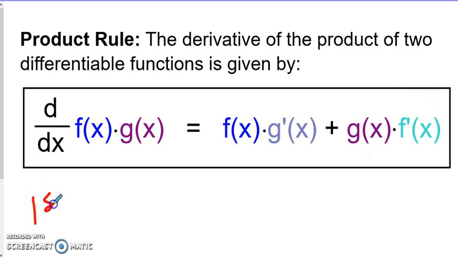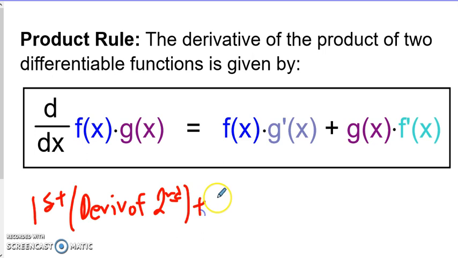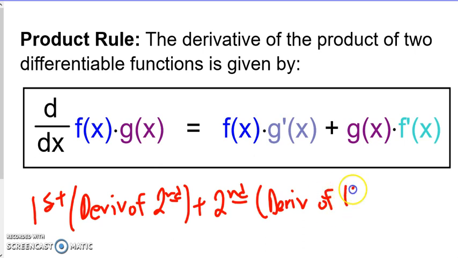First times the derivative of the second, plus second times the derivative of the first.